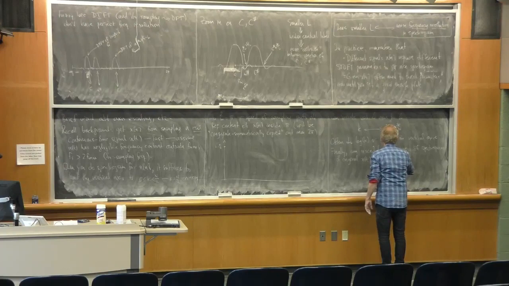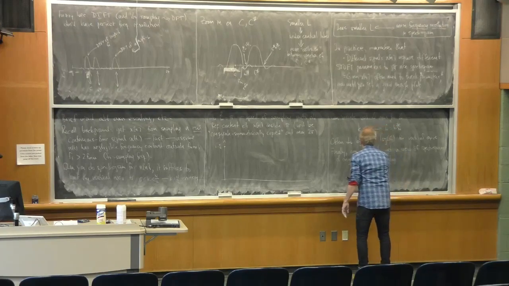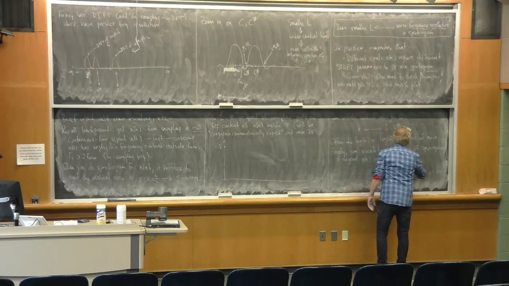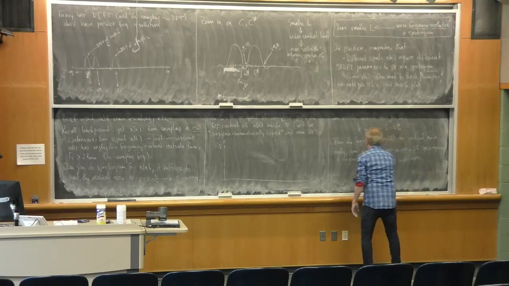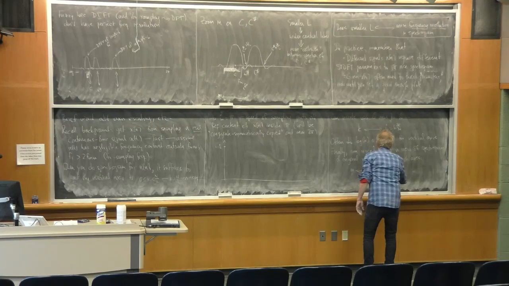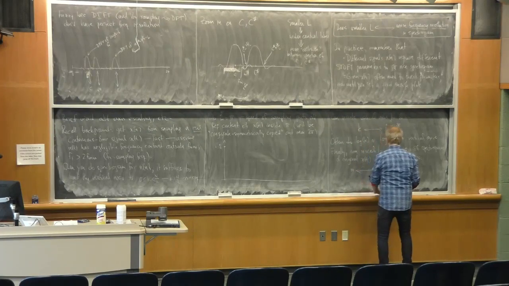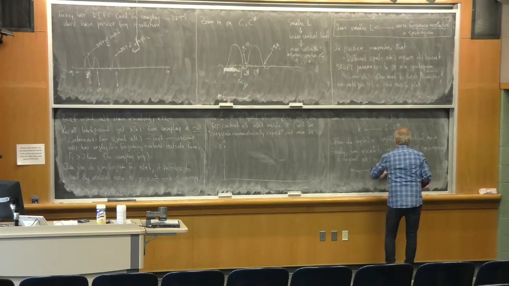So rescaling both axes as follows. The m on the m axis is going to go with m ts, which is m over fs. This is t equals that.